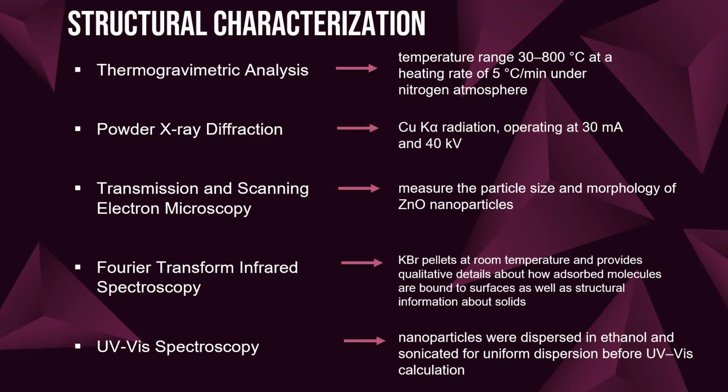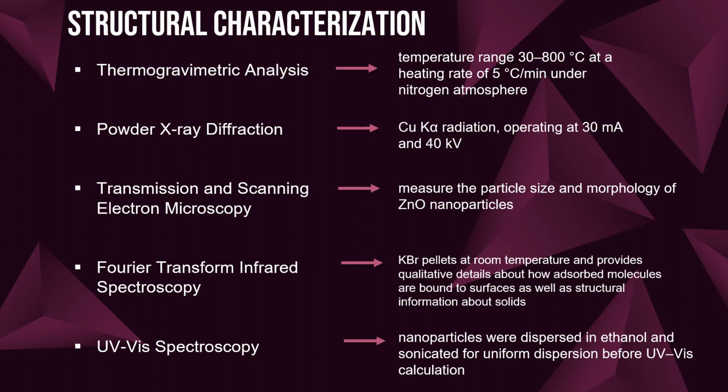Transmission electron microscopy and scanning electron microscopy were used to measure the particle size and morphology of zinc oxide nanoparticles. A Bruker FTIR spectrometer was also used to obtain Fourier transform infrared spectra on potassium bromide pellets at room temperature.